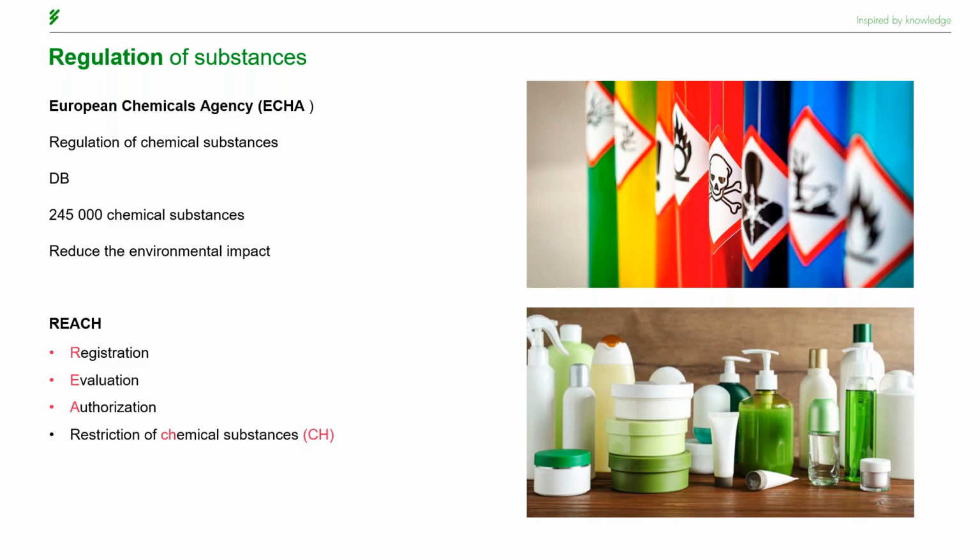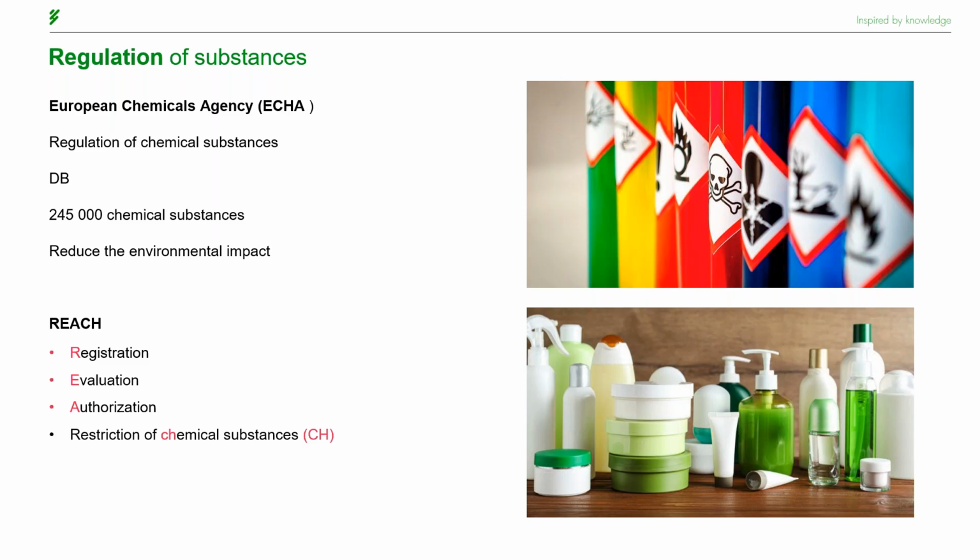However, REACH places the burden of these tests on companies that must comply, and it's their responsibility to demonstrate to the agency the safe use of a substance, as well as the communication of the associated risk management.